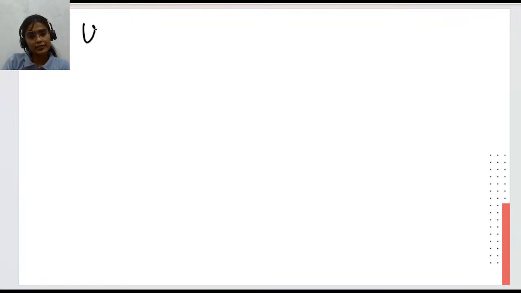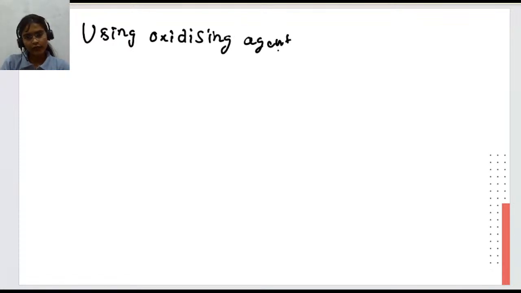Using oxidizing agent. And please continue, it is a preparation of alcohol from alkene by using an oxidizing agent. Okay, this is the full statement.